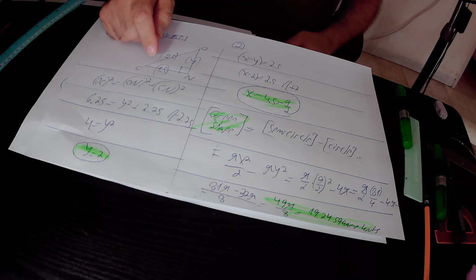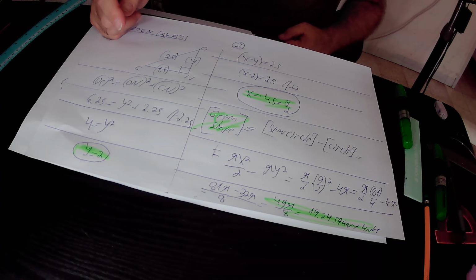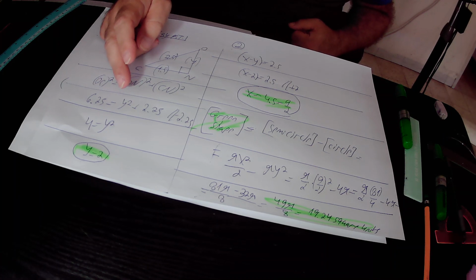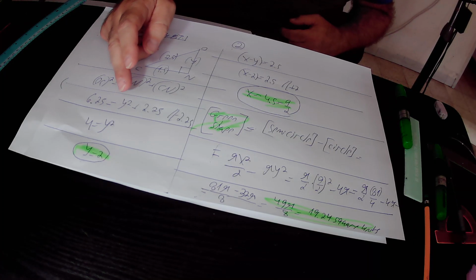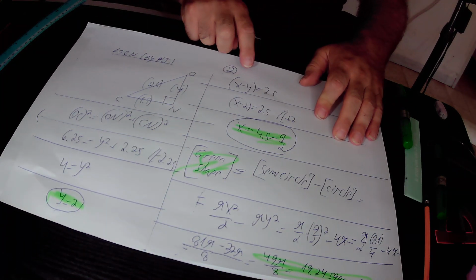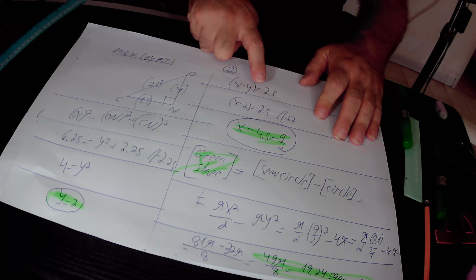Here we subtract 2.25 and find that 6.25 minus 2.25 is 4, so 4 equals y squared. Taking the root, y equals the square root of 4, that is 2. So the radius of the small circle y equals 2 units. We found that x minus y equals 2.5, but y is 2, so x minus 2 equals 2.5.